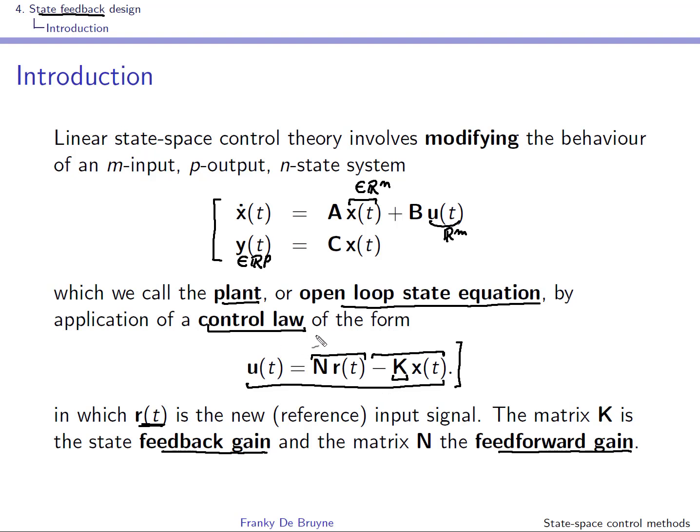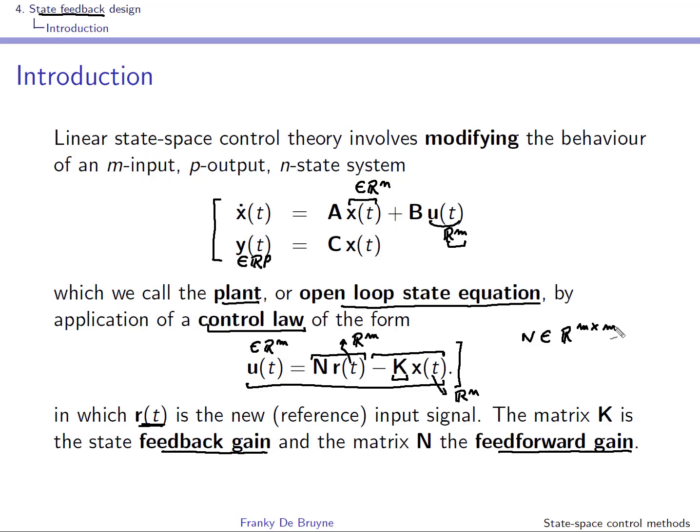You can see here, as we said before, that u lives in R^m, x lives in R^n, and since we have m control inputs, we'll use also m set point signals. So r will also live in R^m, which means that N lives in R^(m×m).